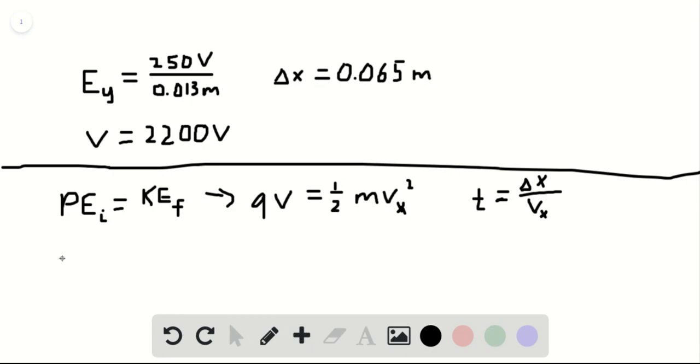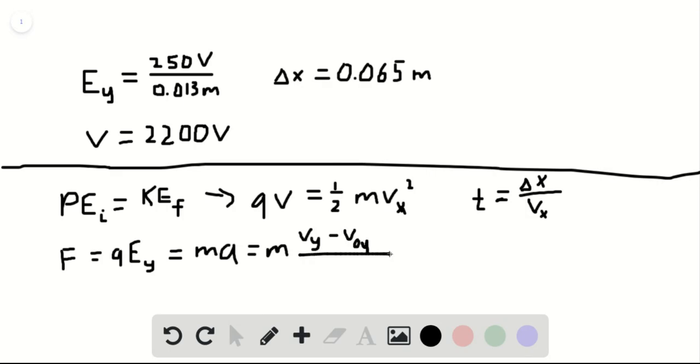Okay, so now for the vertical component, the force here is going to be equal to the charge times E sub y since it's vertical. Well, this is going to be equal to the mass times acceleration, which is equal to the mass times V sub y minus the initial V sub y, which is 0, divided by the time t.